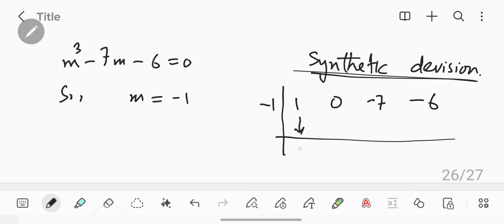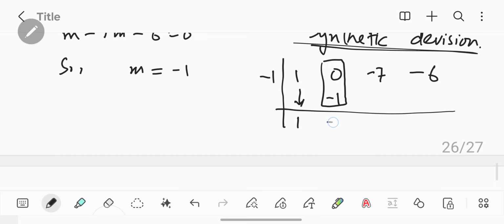You will shift this 1 here as it is. Then you multiply this 1 with -1. If I multiply 1 with -1, I will get -1, so I will write -1 here. Then I will add these two terms. If I add 0 and -1, I will get -1. Then again you will repeat the same process. You will multiply -1 with -1. You will get +1.